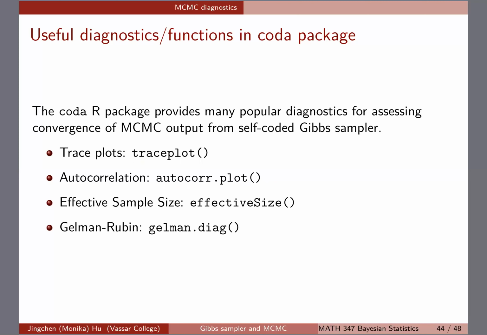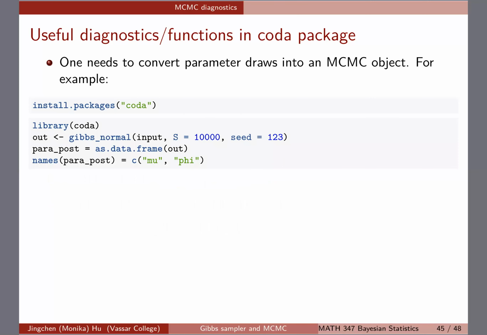I don't think I include the output of how to do this, but what we did before is we wrote that Gibbs normal function. You give the input into it, the number of iterations, and you set the seed. That's what we did last time. And we save it into this para_post with column names mu and phi, so we're able to extract it later.